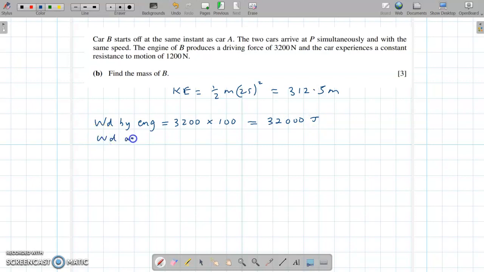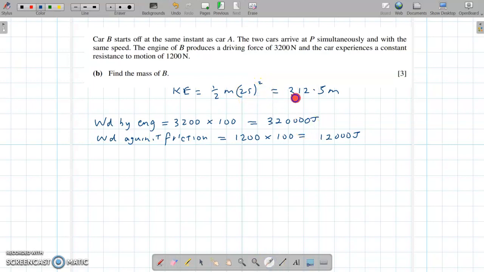Work done against friction is the force, which is 1200, times the distance, which we know is 100. So that's 120,000 joules. Okay, I just made an adjustment here.